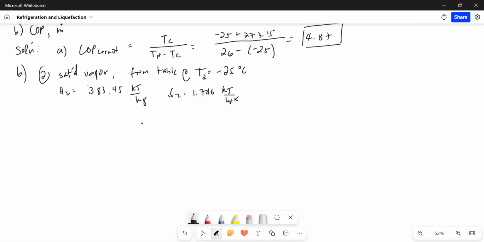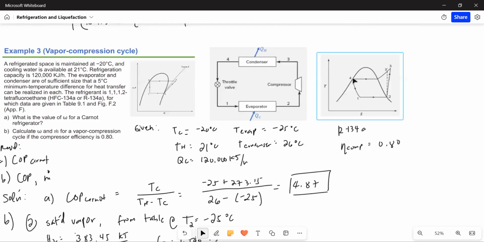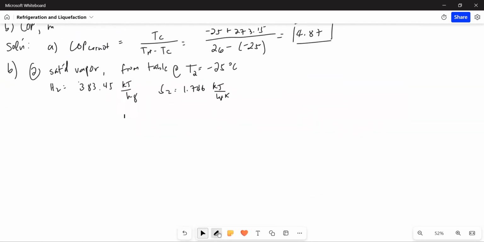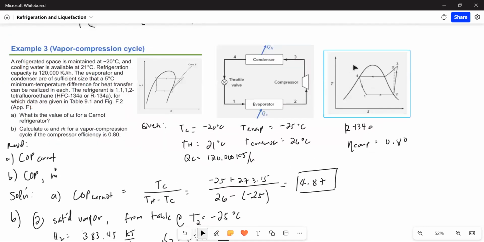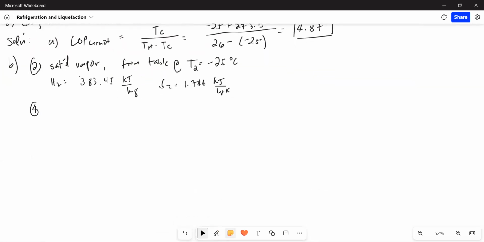The next step is at point, what else do we know? Let's try point 4, which is subcooled. Correction, not subcooled, but saturated liquid. We're not outside the saturated curve, so we're on the saturated curve, and to be exact, the saturated liquid part.